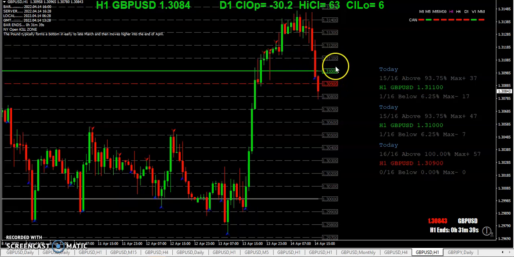I usually say double O because that's what I'm used to before they went to that 5th digit. But you can see here, just having a simple statistic, which you can make your own and do by hand if you want, how many times price closed above or below a particular line.